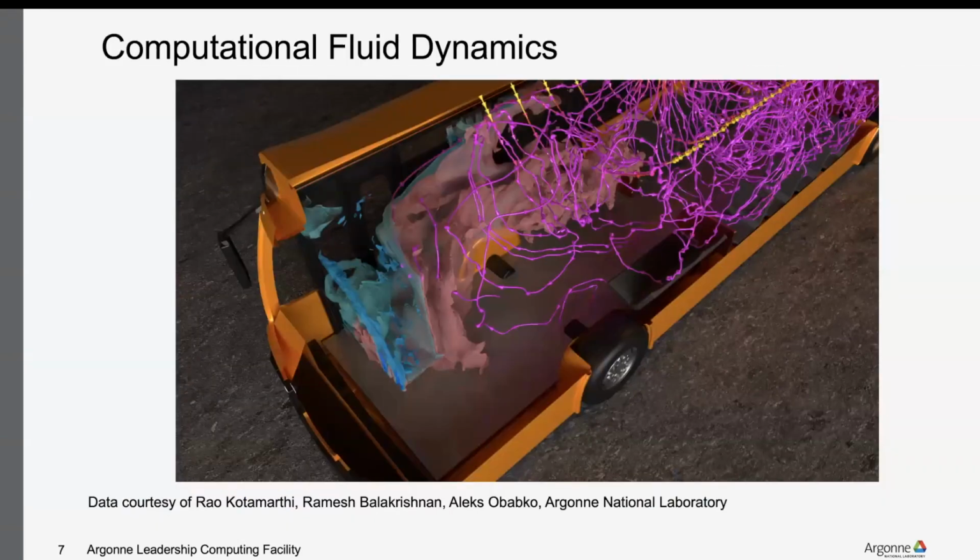This is a computational fluid dynamics visualization, and this is an example of what I'll talk a little bit more about later, where we're trying to couple more advanced rendering techniques with scientific visualization in order to help give context, right?